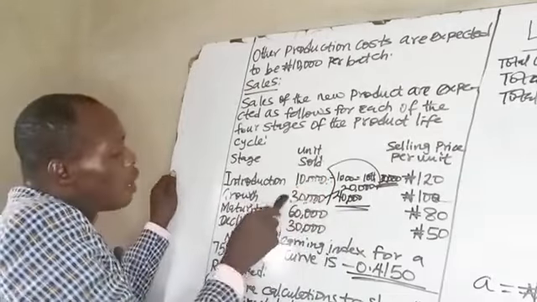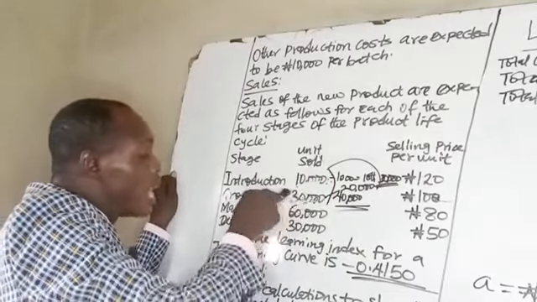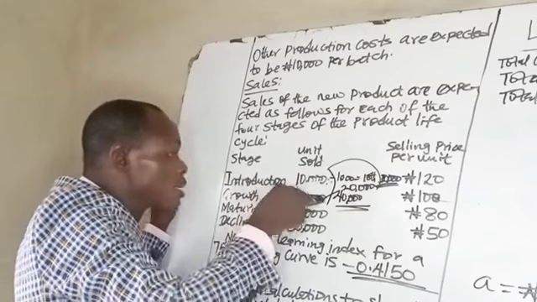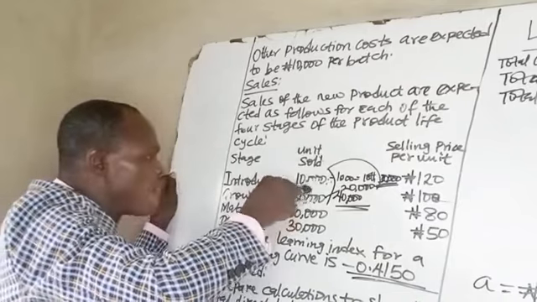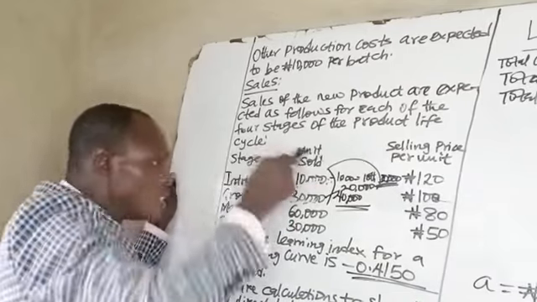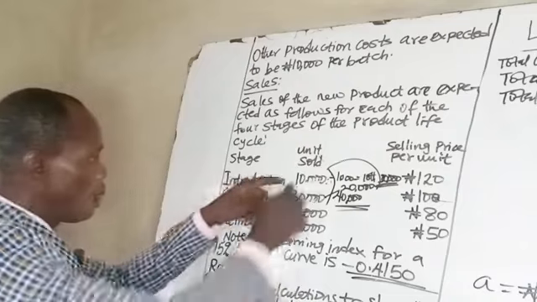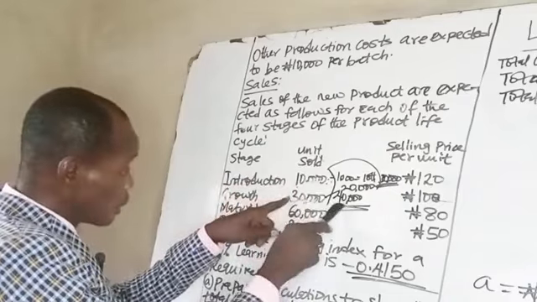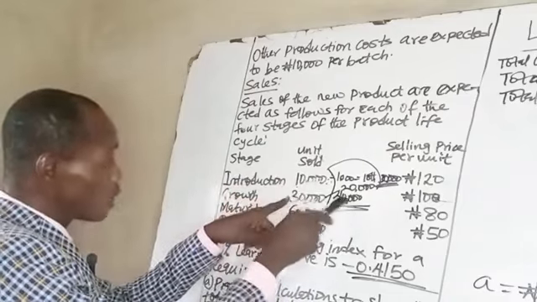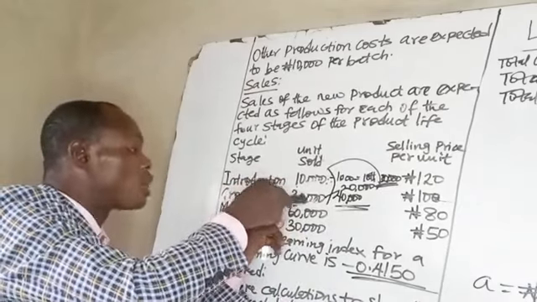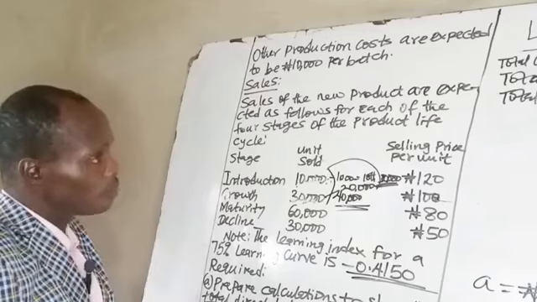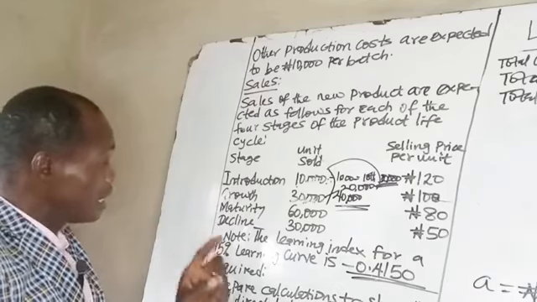That means learning will still be in progress in the first 20,000 of this 30,000. So if you have 20,000 plus 10,000, it will not be the 30,000 required, but the cumulative output here is 40,000. 10,000 plus 30,000 is 40,000. That means at the later 10,000 units, learning has stopped.